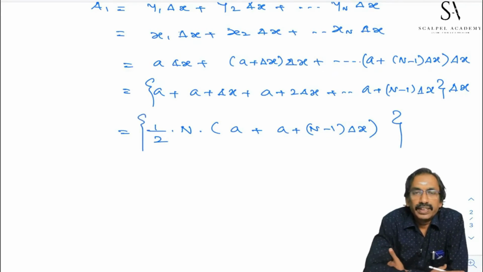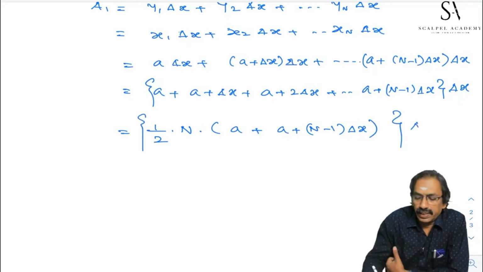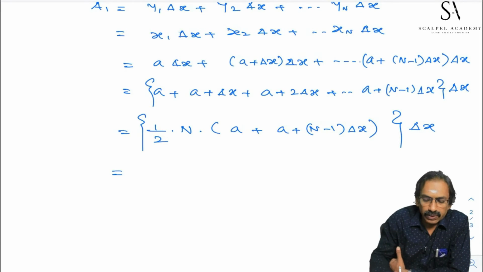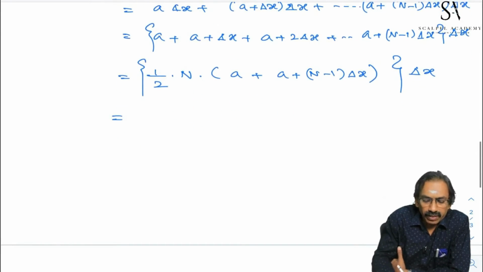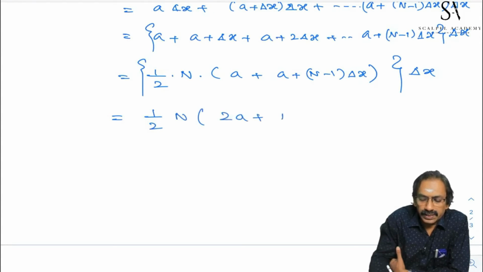So this is the sum of n terms of the AP into delta x. That is equal to half of n into (2a plus (n minus 1) delta x) into delta x.